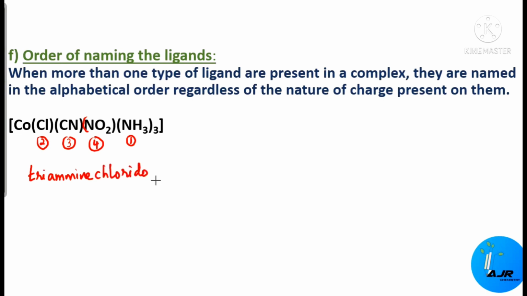You should not write chloride, because the chloride ion is present inside the complex. If it is present outside, you can write chloride. But since it is present inside, it is chlorido. Then cyanido. Then nitrito. Understood? So in this order you should write the name of the ligands.